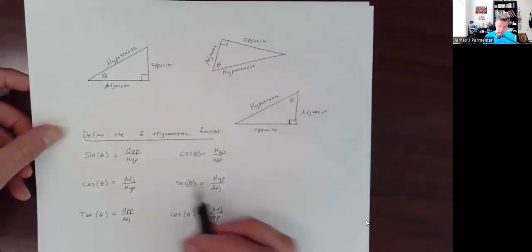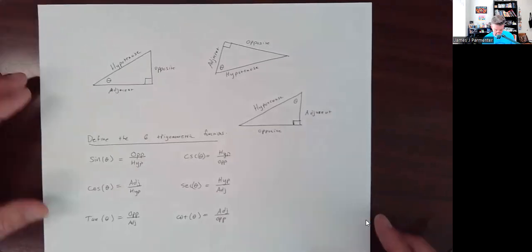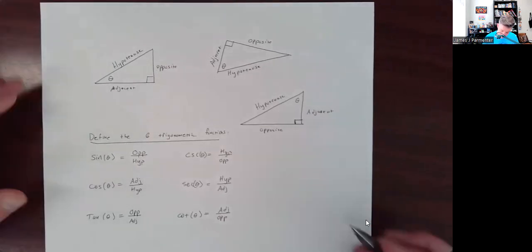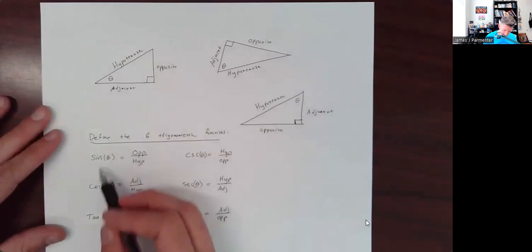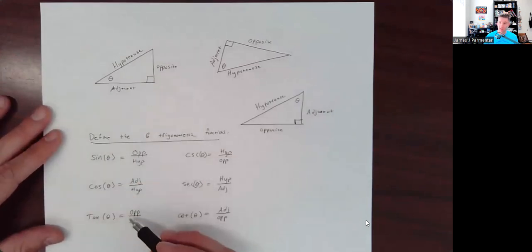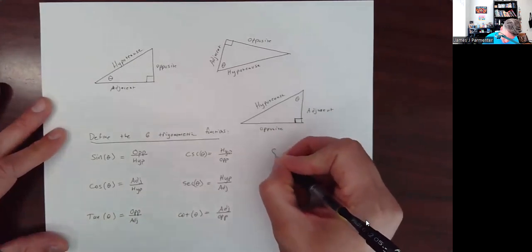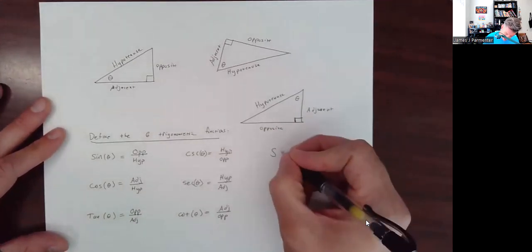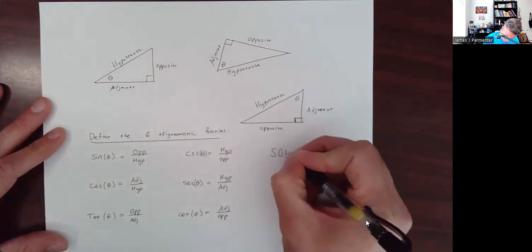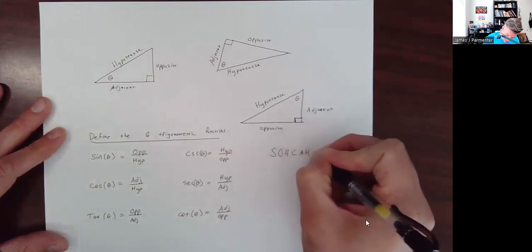I will say, there's one other thing I should say here, which is useful. One way people remember these three trig functions and what they're equal to in terms of the right triangle is the mnemonic device SOHCAHTOA. I like writing it like this, so ka toa.